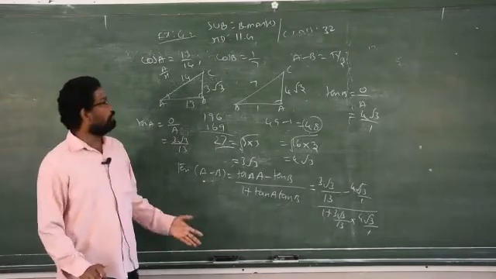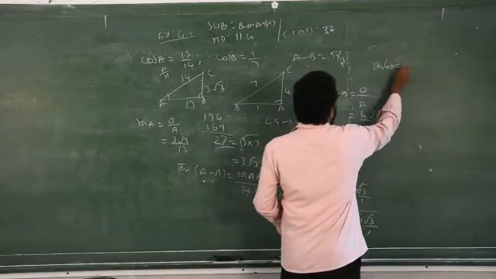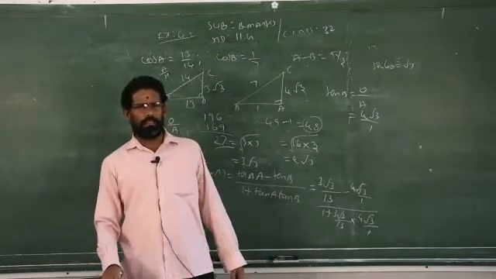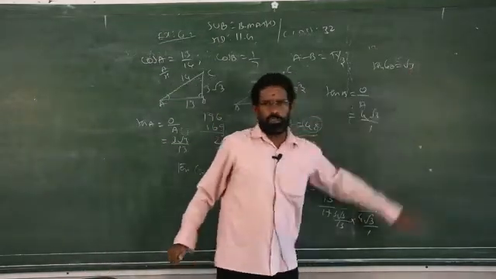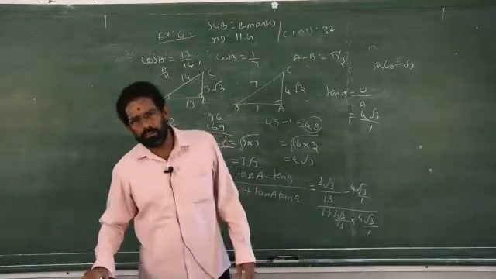If it is root 3, you simplify yourself. Tan 60 is how much? Root 3. So if you simplify this entire thing by taking LCM or cross multiplication, when the result is root 3, then you have to write tan, it is proved A minus B is equal to pi by 3.